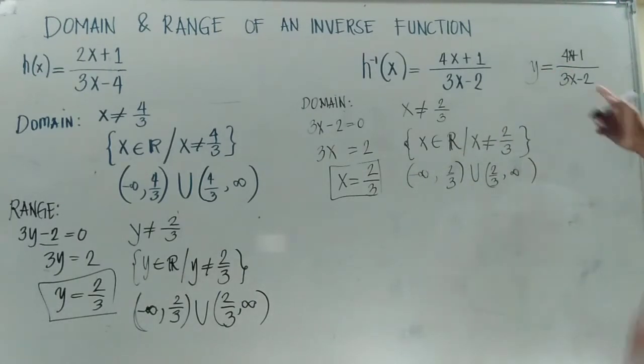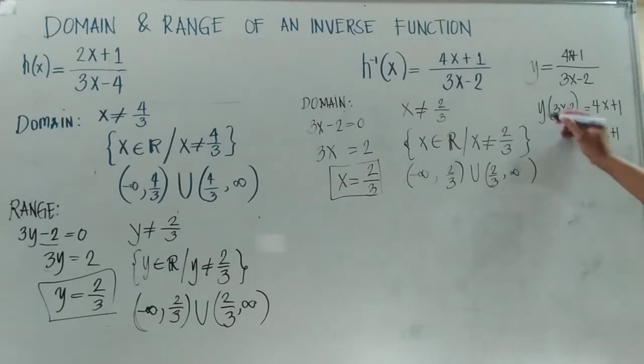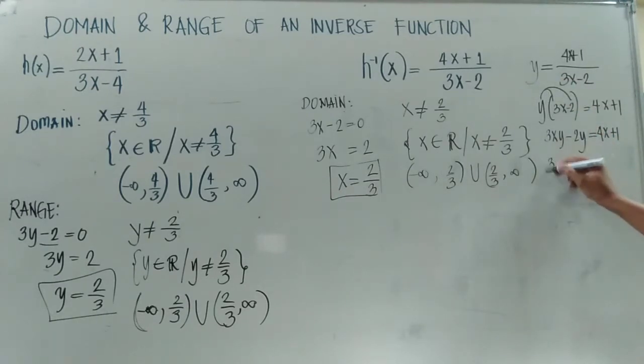Then, cross multiply, we have y times (3x minus 2) equals 4x plus 1. Multiply y times 3x, so we have 3xy minus 2y. Then combine the terms with x, so we have 3xy minus 4x equals positive 2y plus 1.